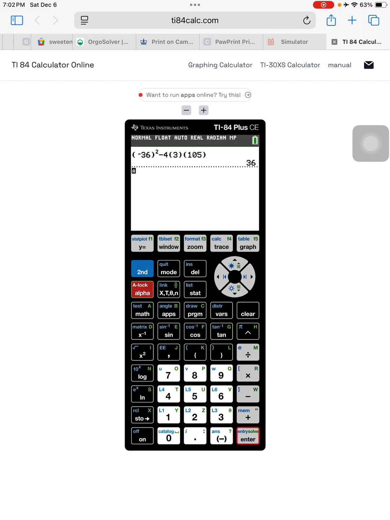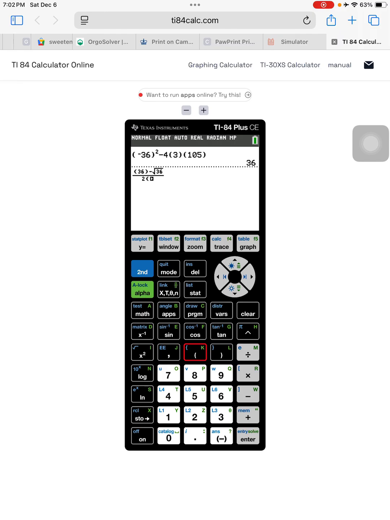So I have my discriminant. Remember, the discriminant is the square root part. So I'm going to have minus b, so minus negative 36 is just 36. Let's do the minus part first: minus the square root, remember this whole thing is under the square root, over 2 times 3.